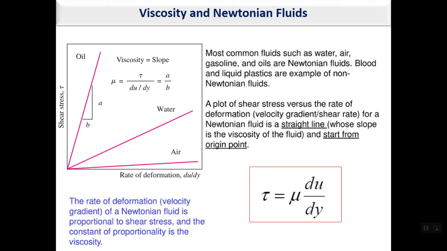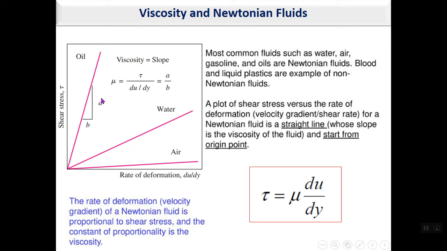The slope of the line, as you can see here, which is taken from the Newton law of viscosity, is shear stress divided by the rate of deformation. So the slope of the line for oil is larger than water and water is larger than air.